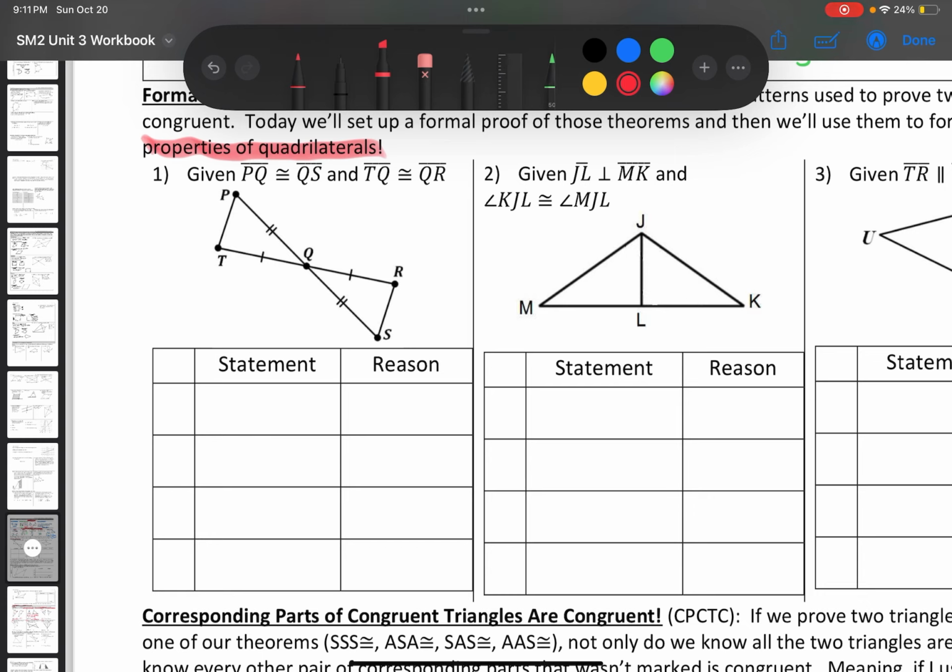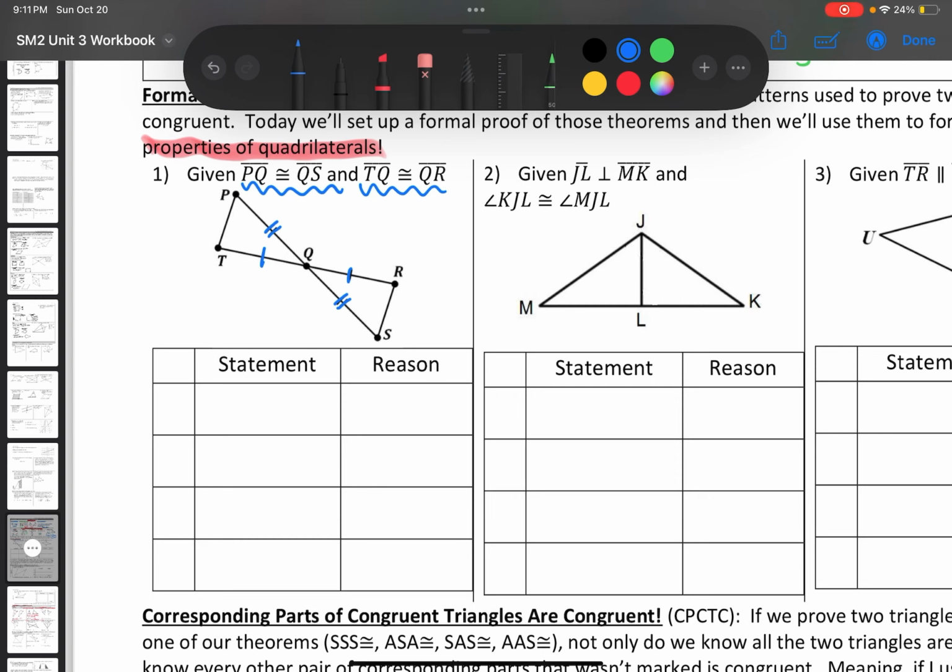So let's look at number 1 here. What's really important is to see what's given to us first. I'm given that PQ is congruent to QS. They have already marked that for me, and TQ is congruent to TR.